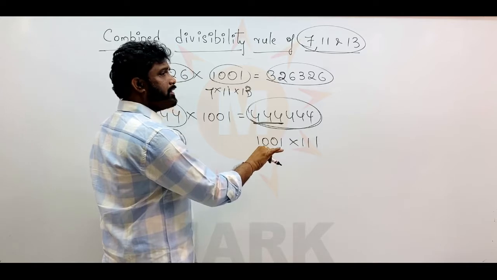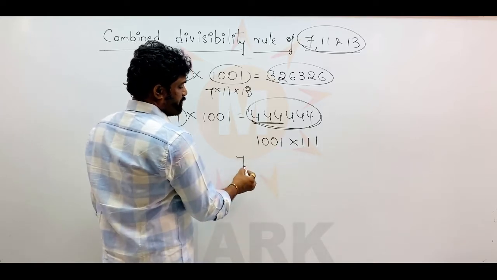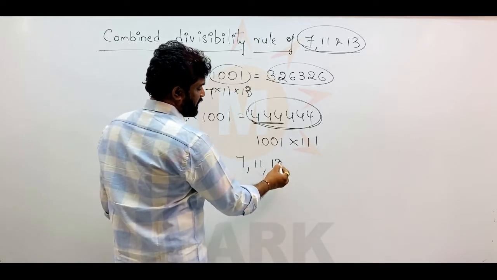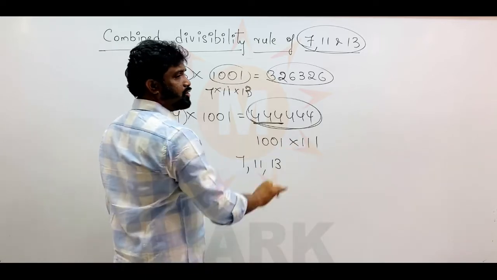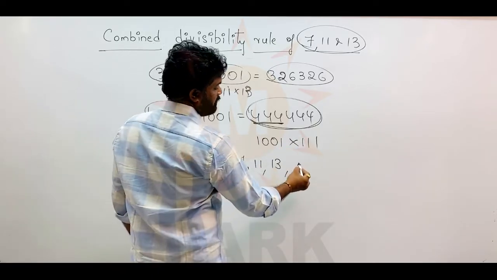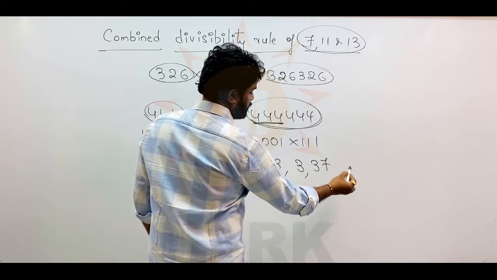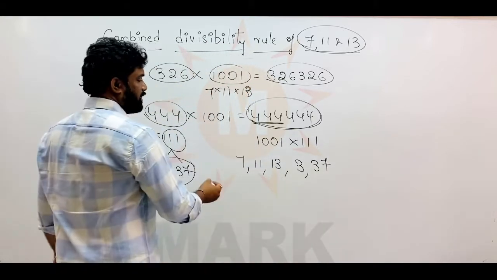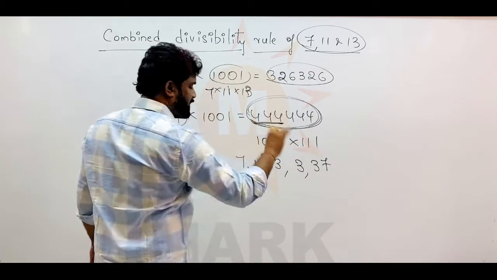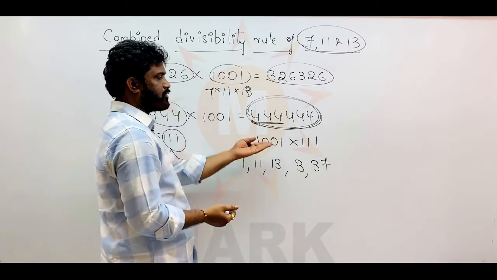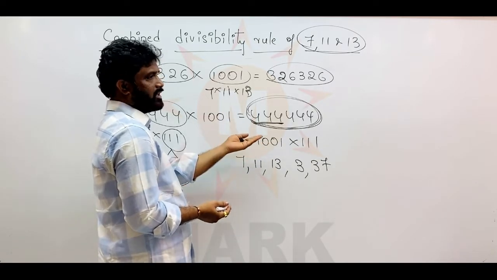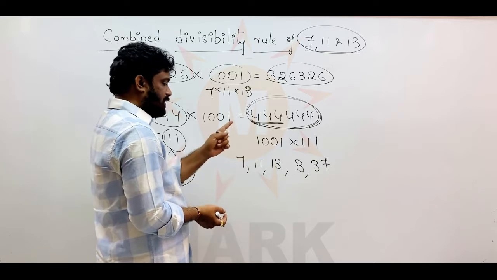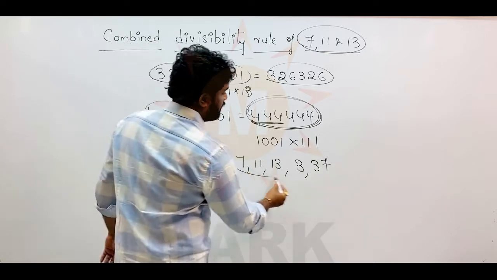If it is divisible by 1001, it should be divisible by 7, 11 and 13. Since it is also divisible by 111, it will be divisible by 3 and 37 also. So if you write in proper order, this number is compulsorily divisible by 3, 7, 11, 13 and 37, and also by 4 and 2 in this case.